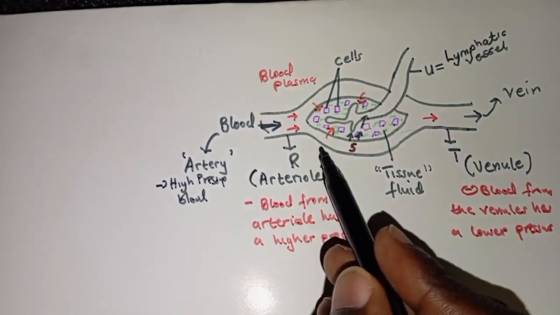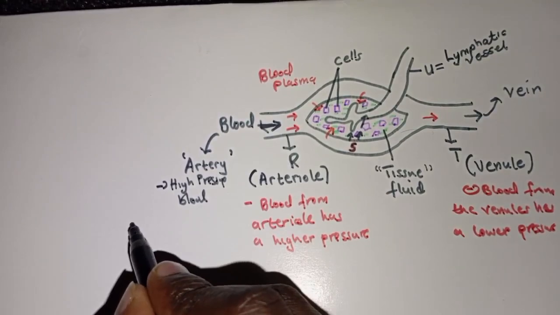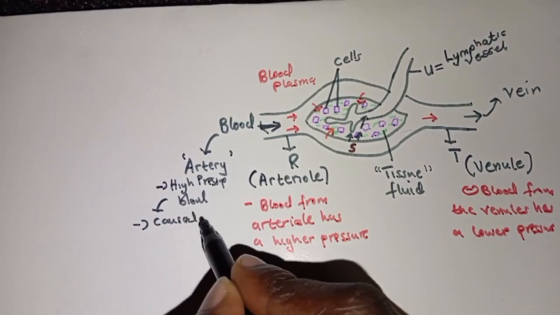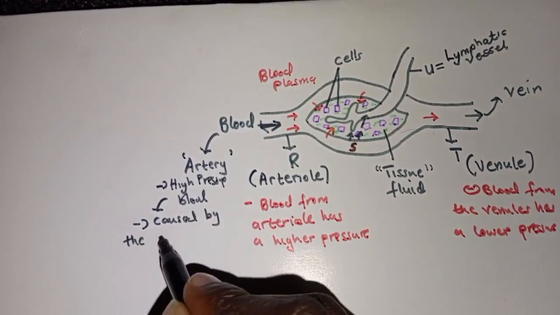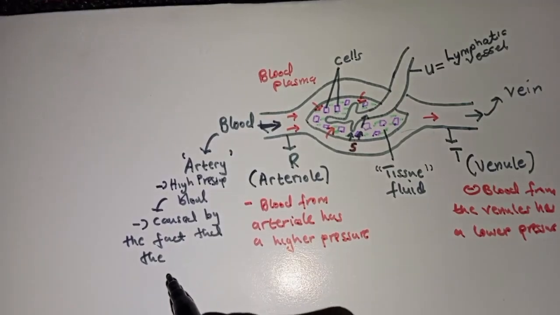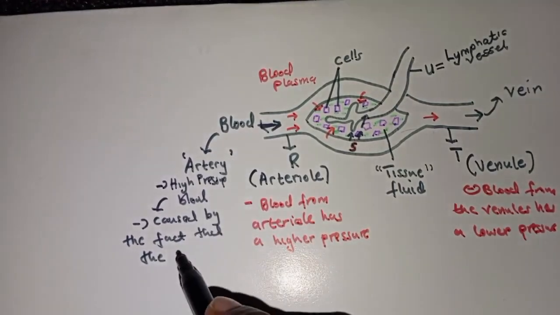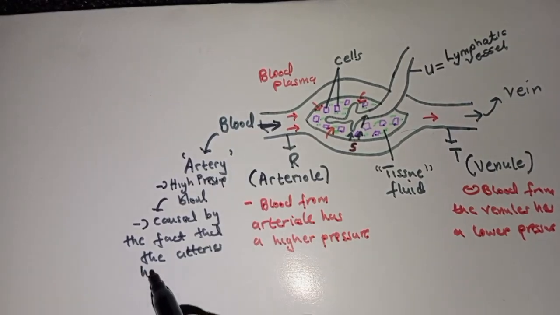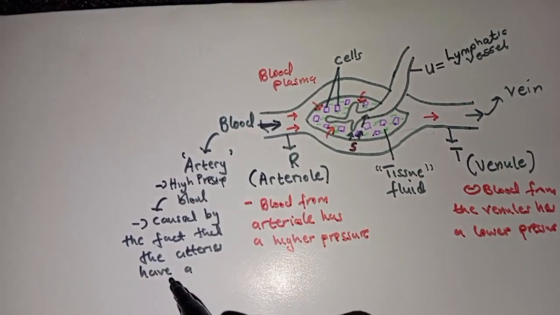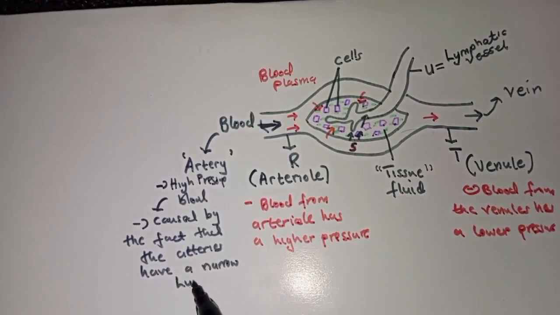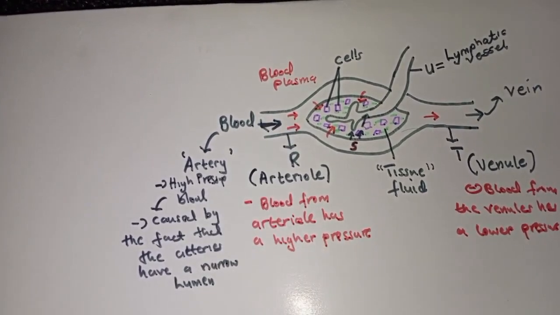So as the blood is reaching here, it's still having that high pressure. This high pressure is caused by the fact that the arteries have, so when you look at the structure of an artery, they have a narrow lumen, and we'll discuss this in the videos to come.